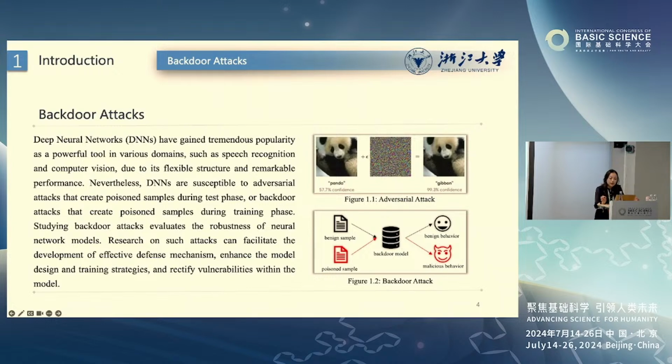We can wait and the figure 1.2 is which we want to for this backdoor model behavior.